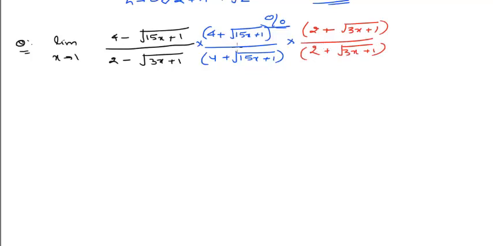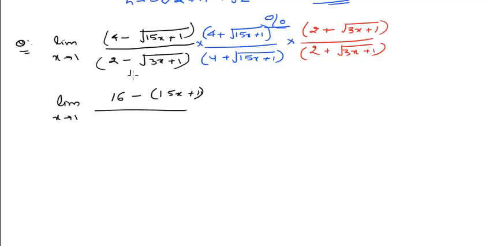Clear, right? So now if I multiply this with this, a minus b into a plus b, these two terms will yield what? Again I'll write this as limit x tending to 1, a plus b into a minus b, that will be a square, which is 16, minus b square, which will be 15x plus 1. Again in the denominator, if I multiply these two terms, a minus b into a plus b, a square minus b square will be 3x plus 1.